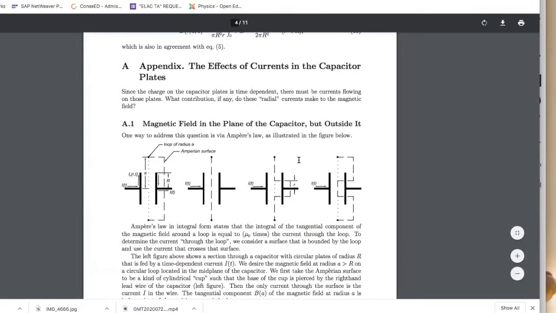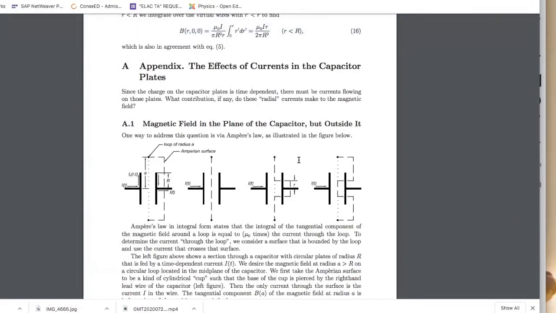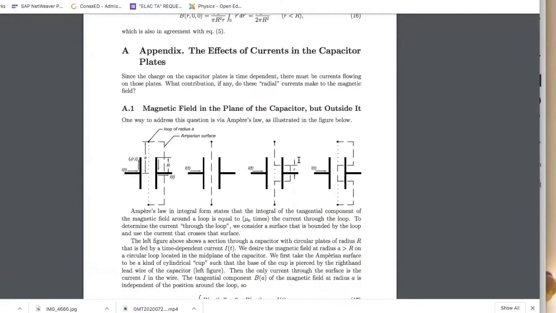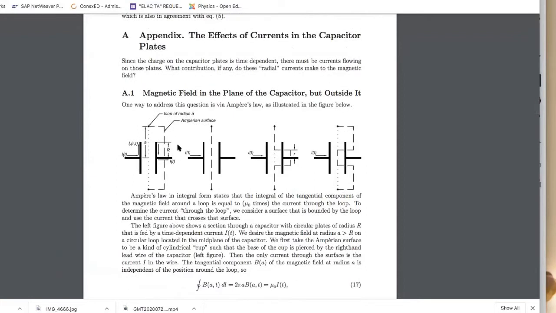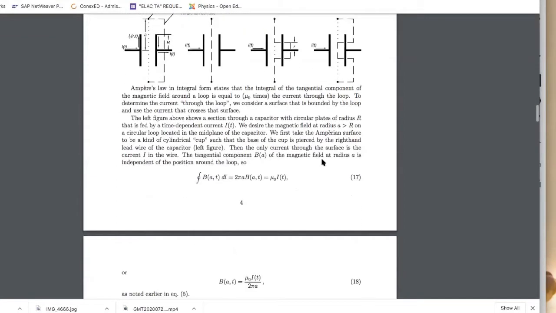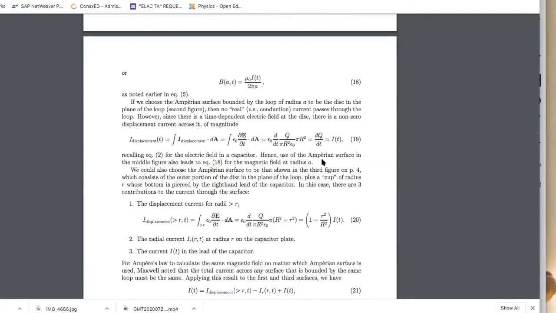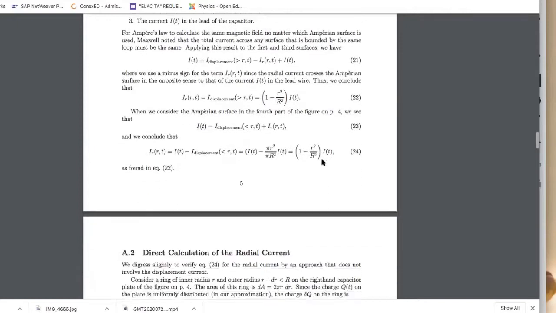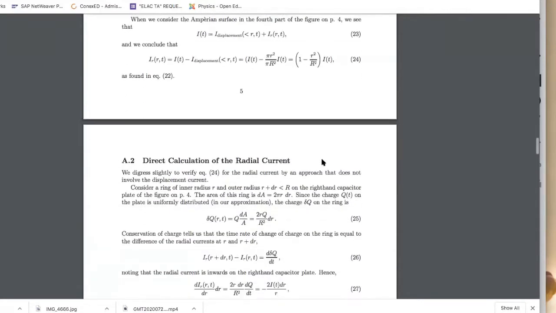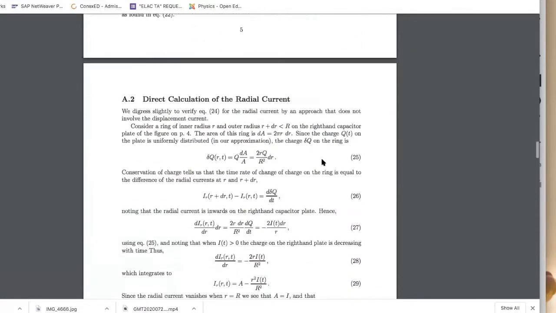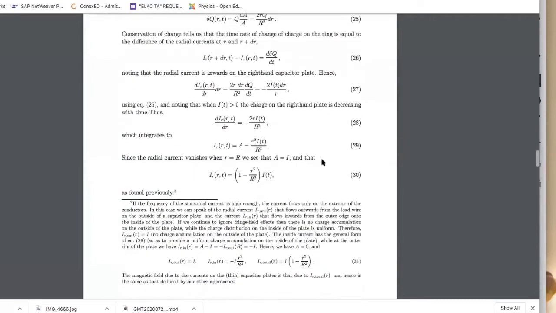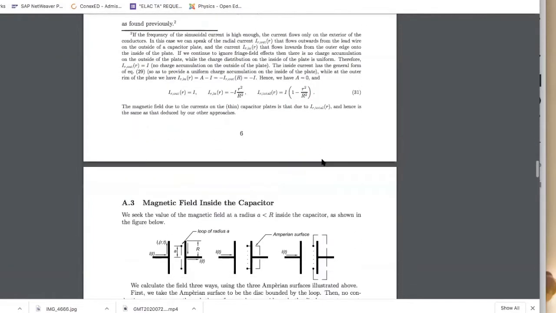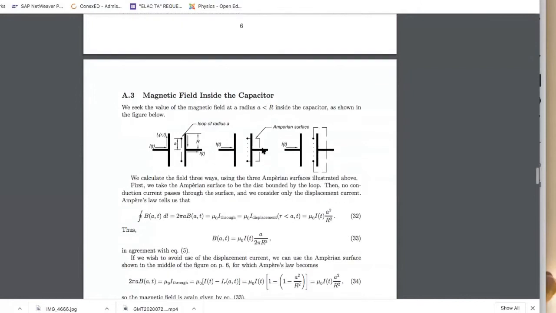The effects of a current in the capacitor. You see? Oh man, this is exactly what we're talking about. Direct calculation of the radial current. Magnetic field inside the capacitor.